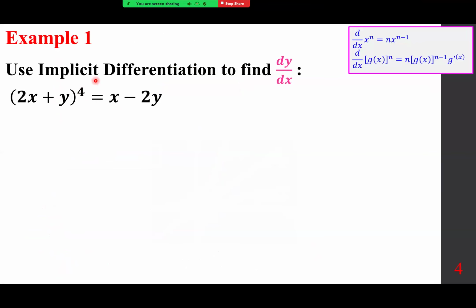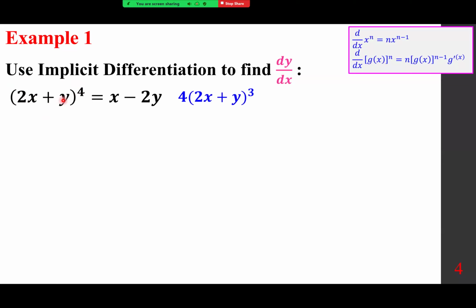So let's use implicit differentiation to find dy dx or y prime for 2x plus y to the power of 4 equals x minus 2y. We are going to use the extended power rule. 4 sits in front, 2x plus y cubed.